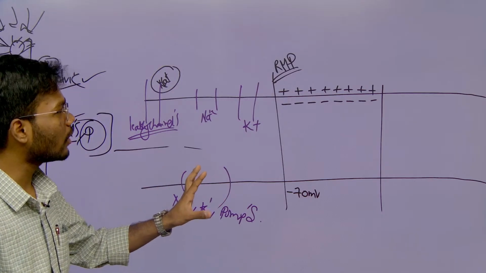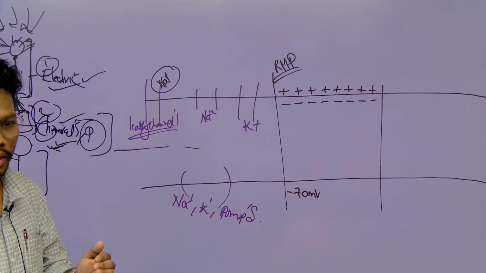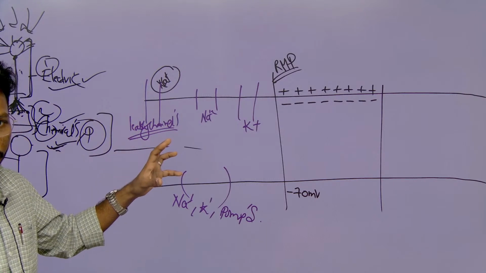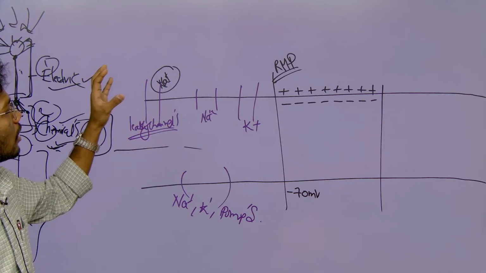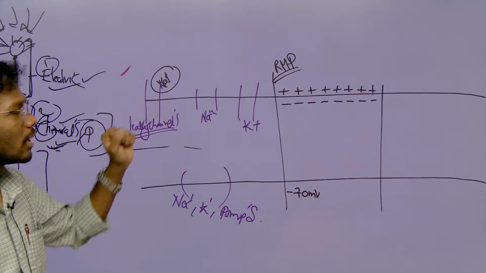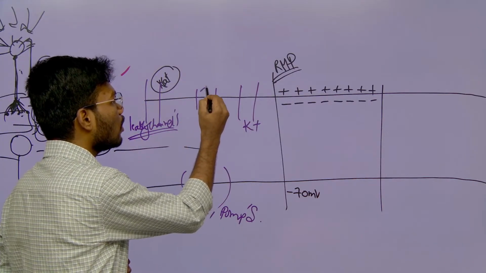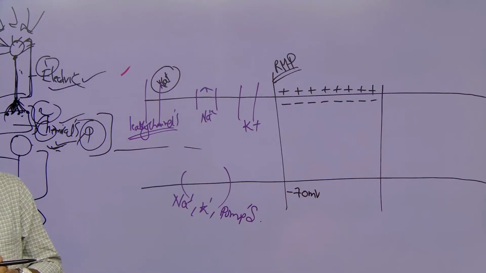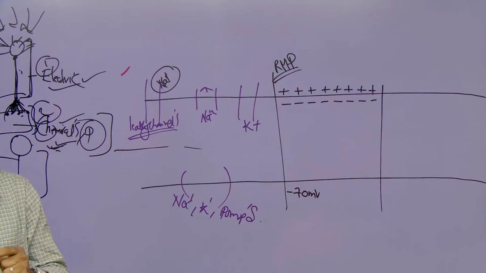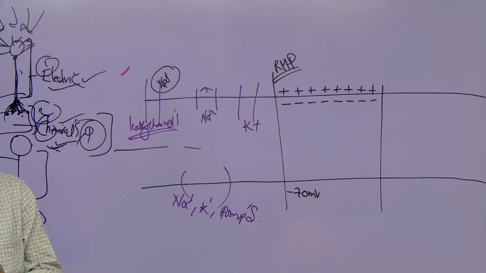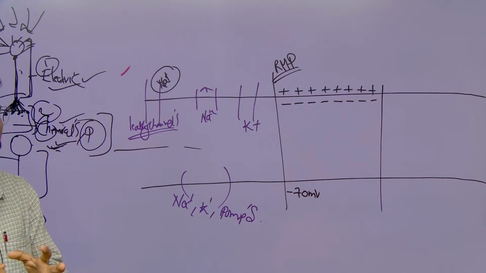First, what you need to understand is how the action potential is generated. Whenever there is generation of an action potential, the first thing is the opening of sodium channels. Whenever they open, what happens?